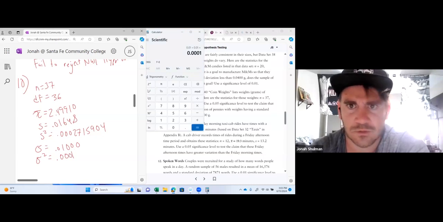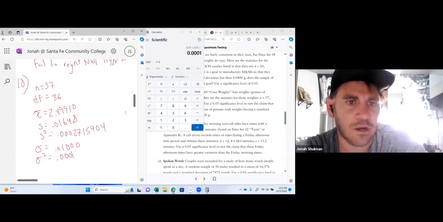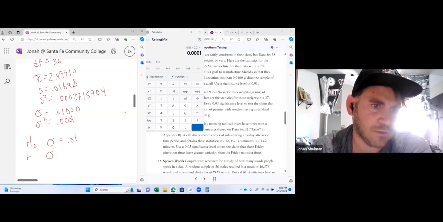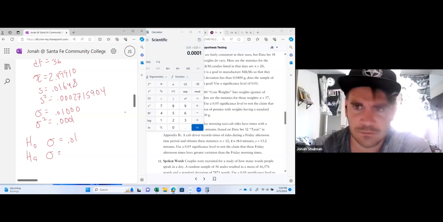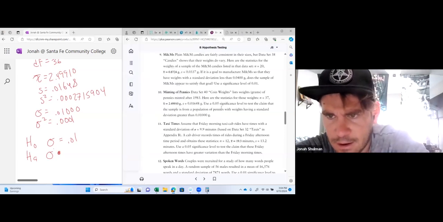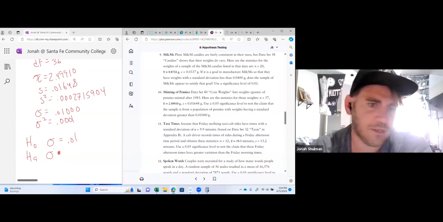Sorry, there's three zeros. 1, 2, 3. All right, so our null hypothesis is that this value is equal to 0.01. And our alternative hypothesis is that it's going to be greater than, right? I believe it says greater than.